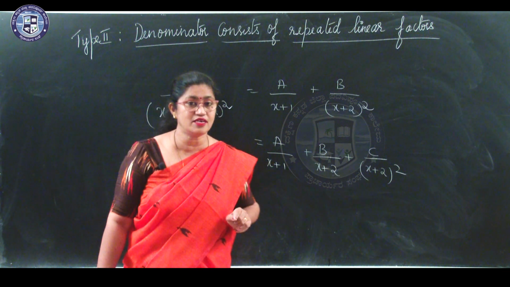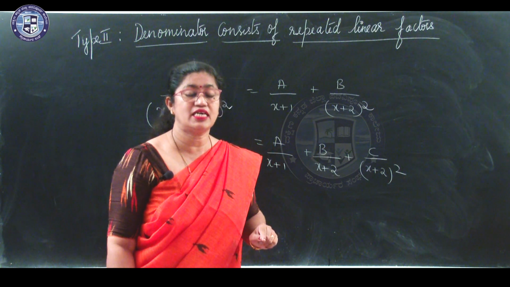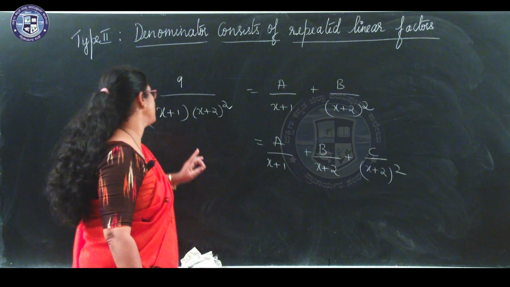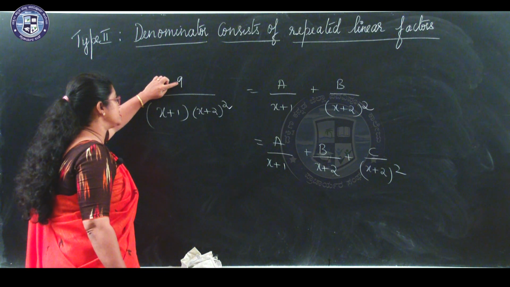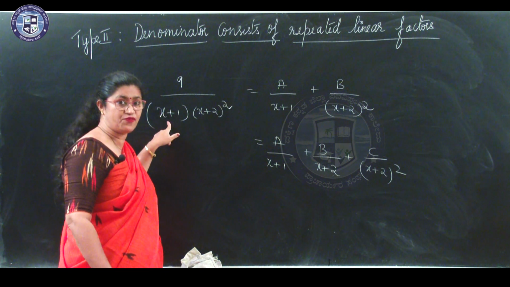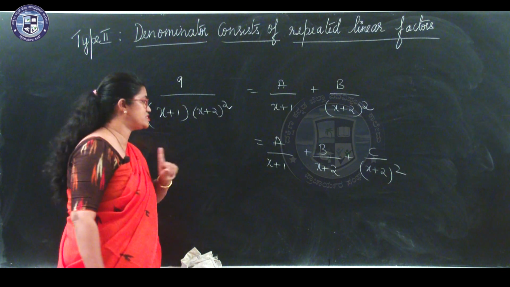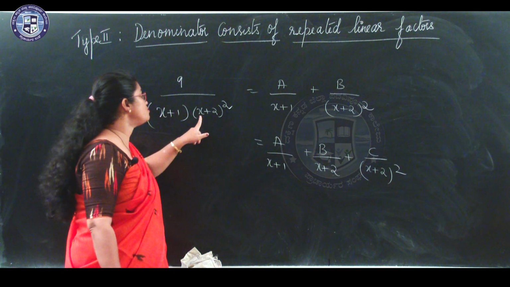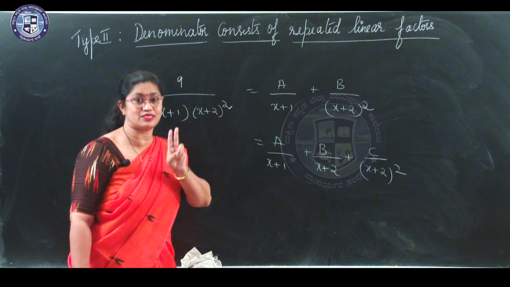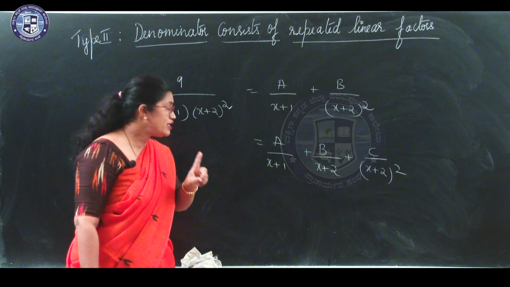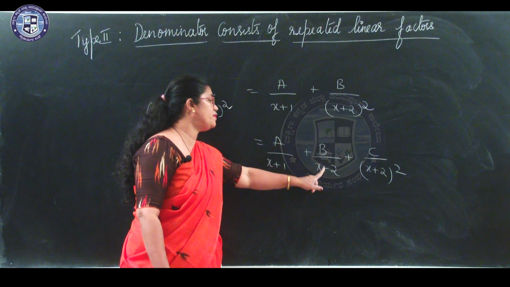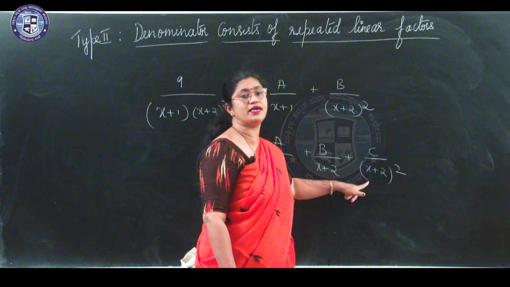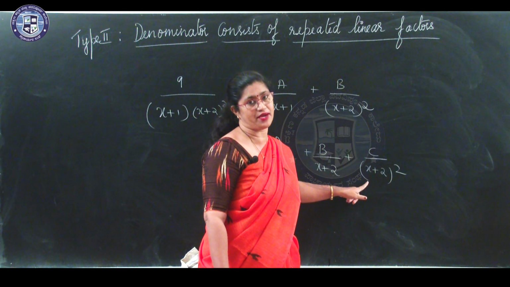So, please note here, when we get repeated factors, how do we write? Now, this one is a linear factor, it comes only once. So, I will write a by (x plus 1), but (x plus 2) the whole square comes twice. So, write once as b by (x plus 2) and one more factor c by (x plus 2) the whole square.